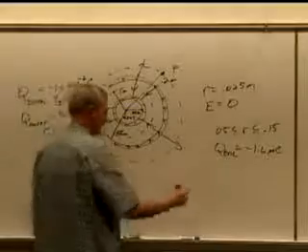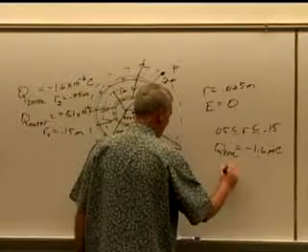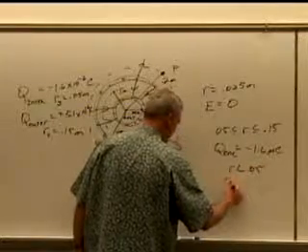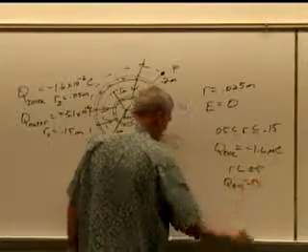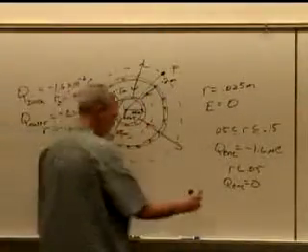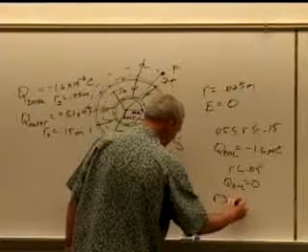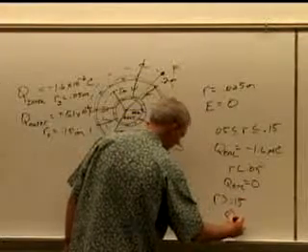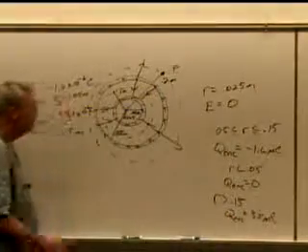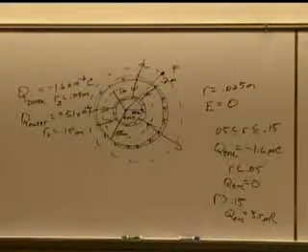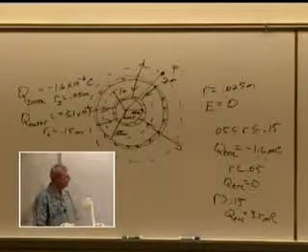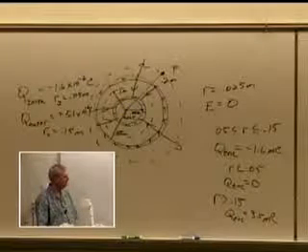If they give you R less than 0.05, Q enclosed is equal to 0. And if they give you R greater than 0.15, then the Q enclosed is equal to 3.5 microcoulombs. It's kind of a difficult thing. It's not real easy.